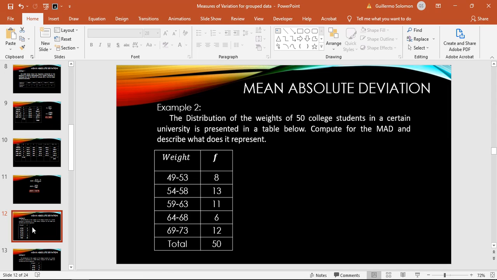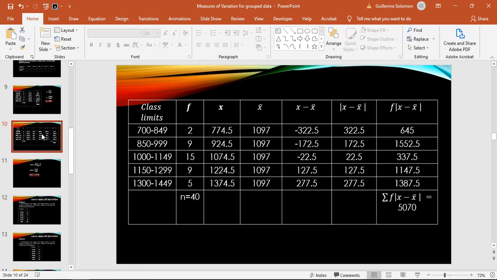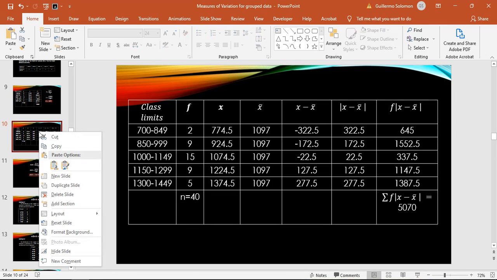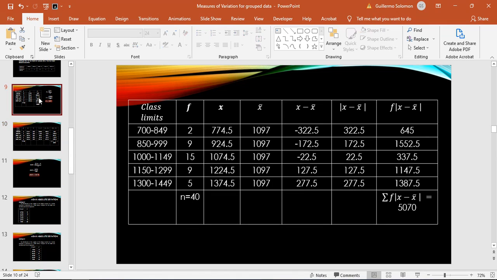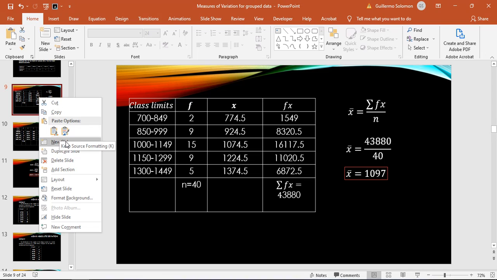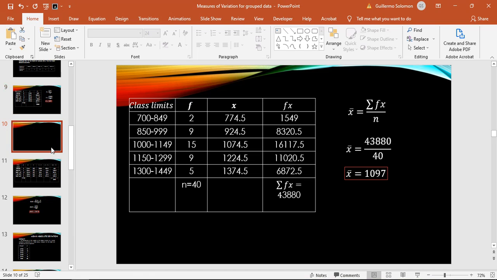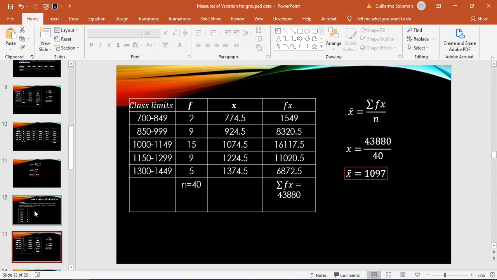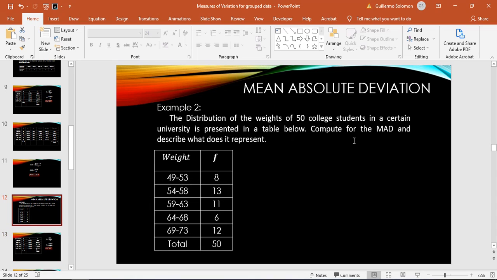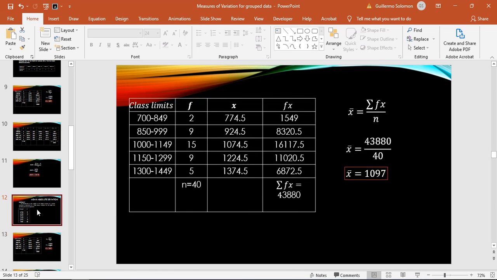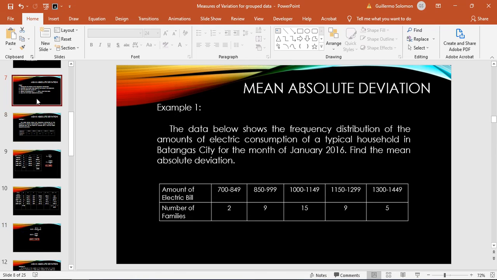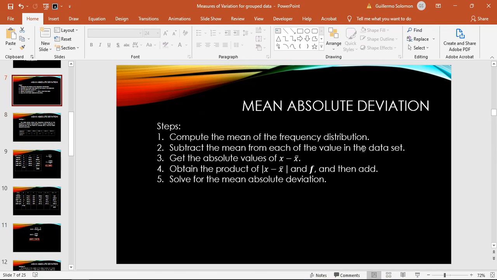Okay? So, ito yung data natin. Okay? So, itatransfer natin siya dito. Sa ganitong duplicate ko lang ha. Okay. Kunin natin is yung mean absolute deviation o yung MAD. Okay? So, first step, sabi, yung first step natin, compute the mean of the frequency distribution.